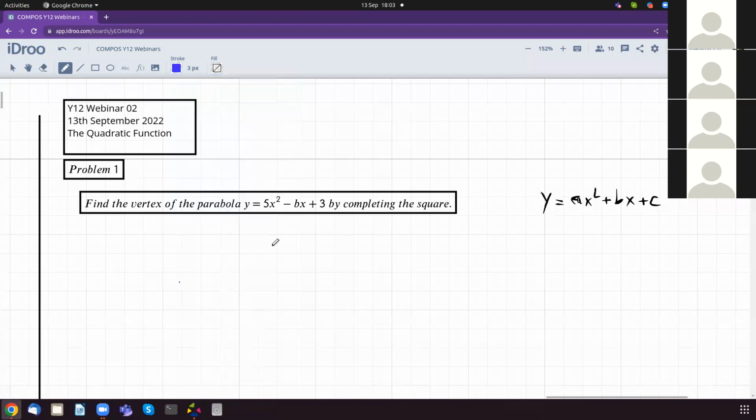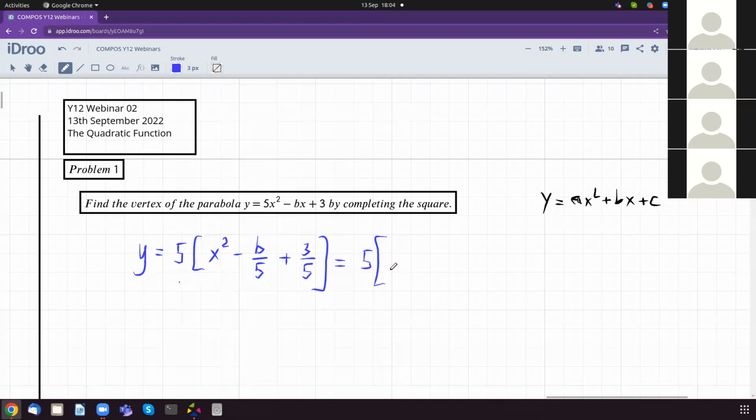So let's start. When I complete the square, the first thing I do is take the leading coefficient out of the brackets: x squared minus b over 5 x plus 3/5. Then I continue.